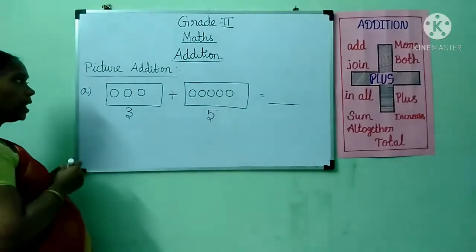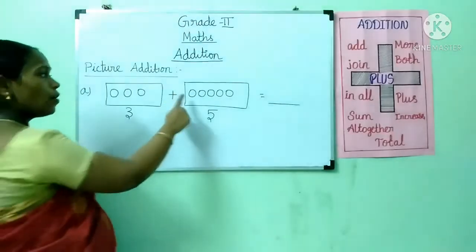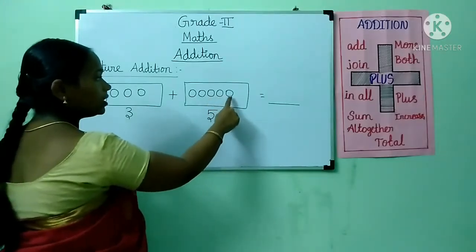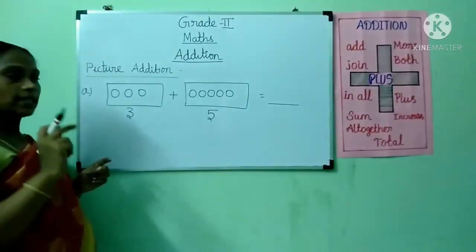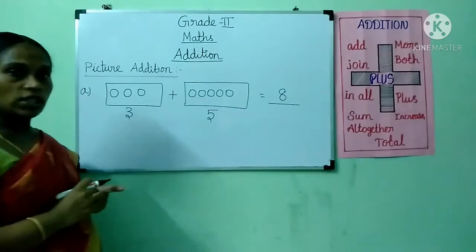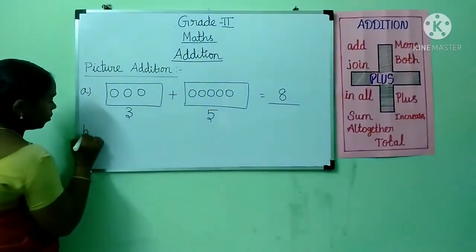You count and say 1, 2, 3, after 3 comes 4, 5, 6, 7, 8. The total is 8 circles. So write here 8. Are you clear, children? How to add this picture addition? Okay, the second one.